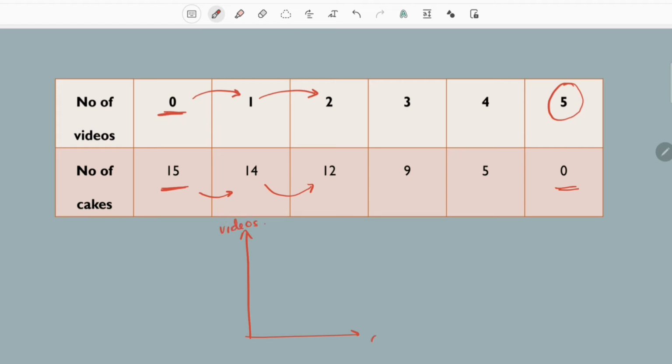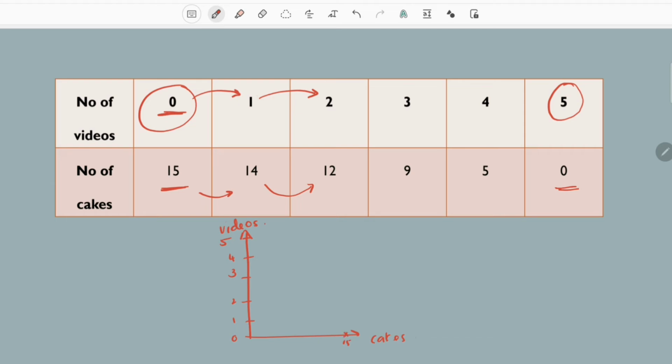If I put this into a graph, I'm taking the number of videos to this side and the number of cakes that I can bake to the other side. Whenever I increase the number of videos from 0, 1, 2, 3, 4 and to 5: when I'm not making any video, I have the capacity of baking 15 cakes.